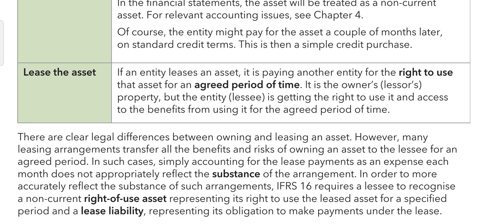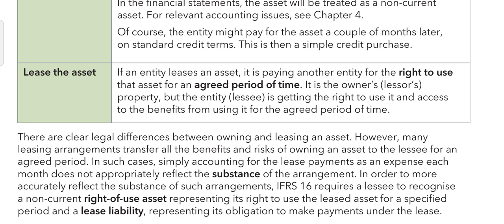It means the lessee gets the right to use the asset for an agreed number of years.